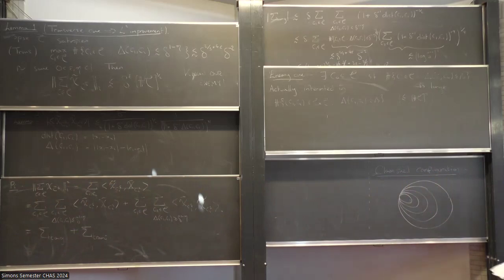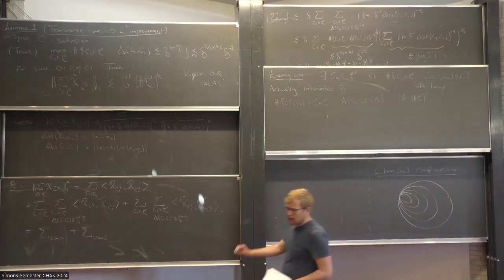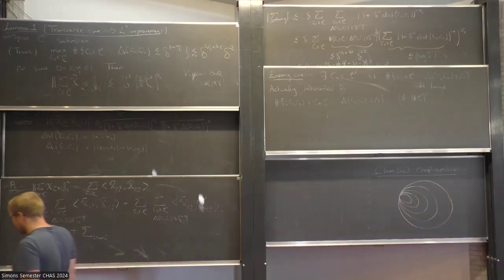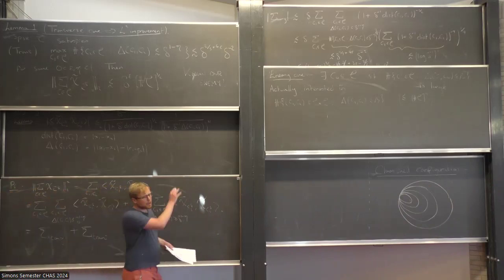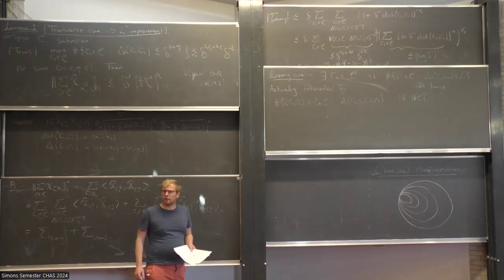So a large part of the argument is going to center around showing that this clamshell configuration is essentially the only bad situation, and then analyzing special properties of this guy. So that's broadly how the proof is going to go. Are there any questions about this? Does that make sense?